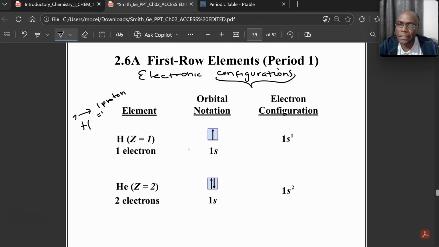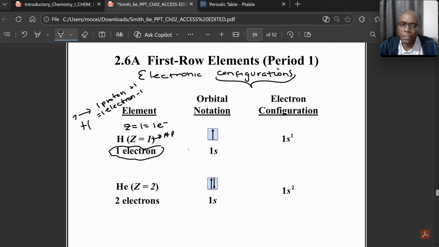By inference, we can say it has one electron because the atom has to be neutral. One positive and one negative will cancel out. So we're going to use the atomic number Z equals 1 to predict the number of electrons, because Z is just the number of protons.